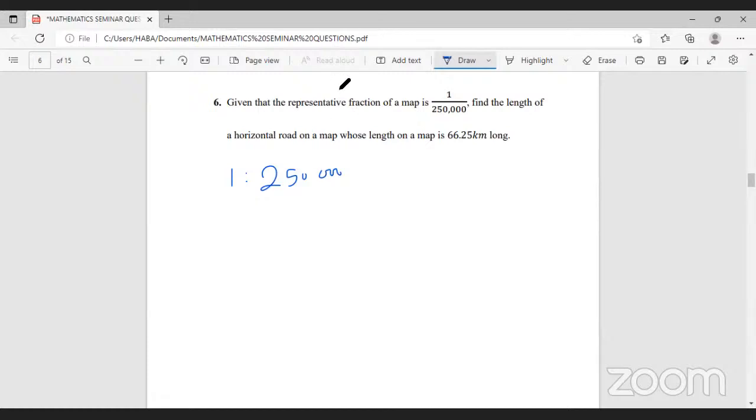They're asking for the length of the horizontal rod. But as we all know, we first convert these kilometers into centimeters. One kilometer is equal to 100,000 centimeters.